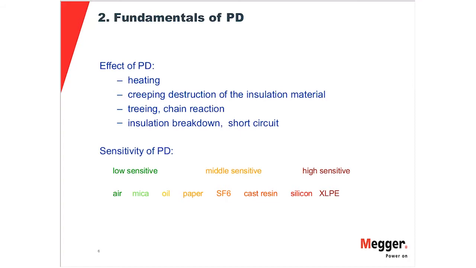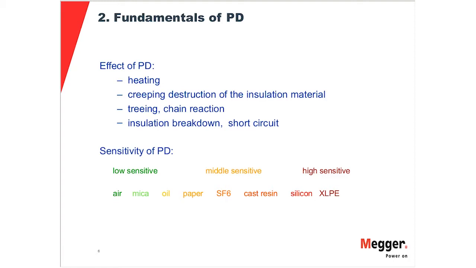Now, if we are talking about partial discharge, we also need to consider the type of the insulation, as various insulation materials tend to have a different acceptance level for partial discharge. I tried to highlight that at the very bottom part of this page.